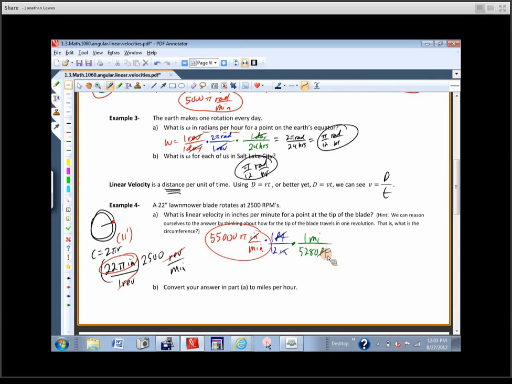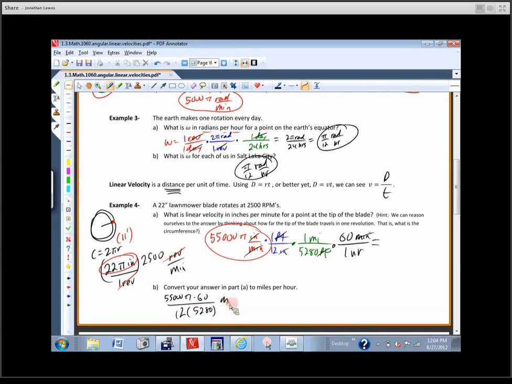Okay, what are my units right now? Miles per minute. I want miles per hour. So I want to cancel off the minutes. So I do 60 minutes in 1 hour. Cancel off the minutes and take a good look there. Miles on the top, hours on the bottom. Now, I would advise a calculator at this point, because here's what we've got to do. 55,000 pi times 60 on the top and 12 times 5280 on the bottom.